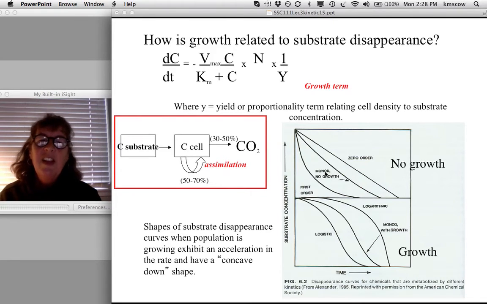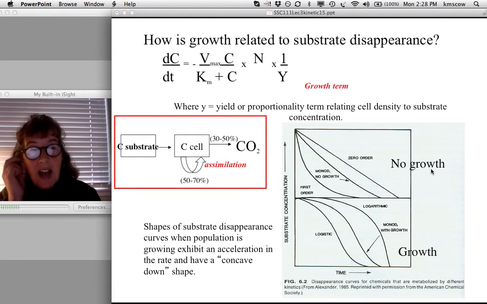Here it's no growth. It's another term for the Michaelis-Menten. So this is under no growth conditions, under the examples that we used in this lecture where we didn't allow our cells to grow, remember? But let's look at the shapes of the curves, and this is only as far as we're going to go, when you actually have growth of organisms as you're using the substrates.